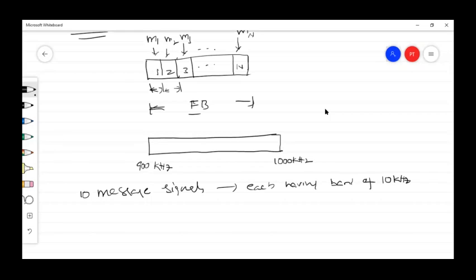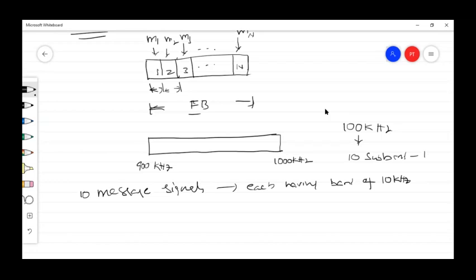Then what do I need to do? I need to divide. How much is the band here? From 900 kilohertz to 1000 kilohertz, we have a 100 kilohertz band. This 100 kilohertz band is divided into how many subbands? That depends upon how many signals you are supposed to transmit. You need to transmit 10. So that's why we need to divide 100 kilohertz into 10 subbands.